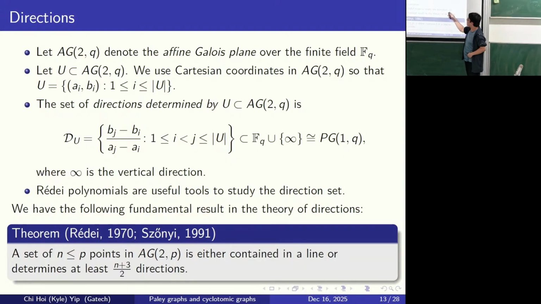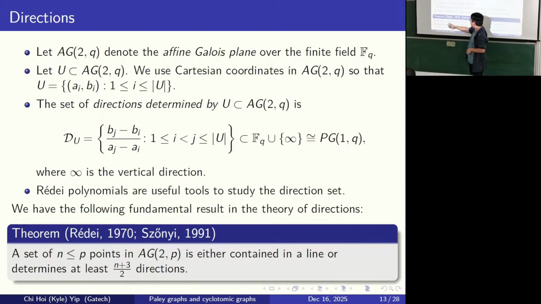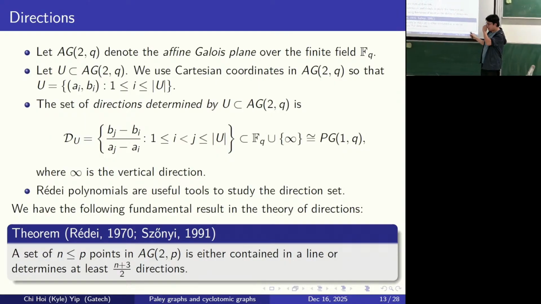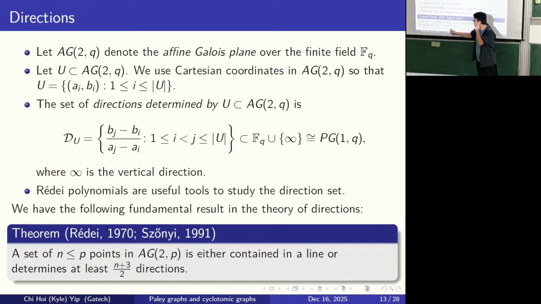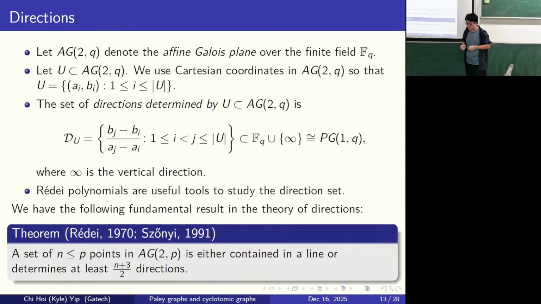The direction set is a classical object in finite geometry, and there are many results. I just want to mention one of the fundamental results. It says that if we have n points, with n at most p, in AG(2,p), where p is a prime, then the number of directions is at least (n plus 3)/2, unless we have an obvious obstruction, namely all the points are collinear.